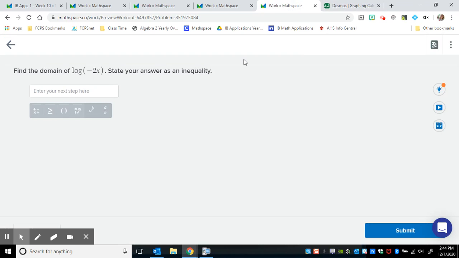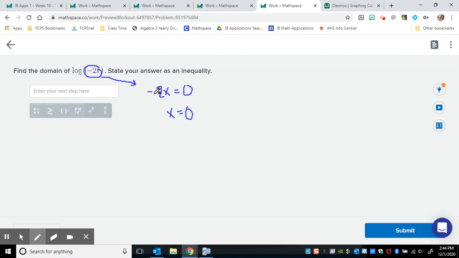Again, I could do this without Desmos or my calculator at all and just say, first, what is my vertical asymptote by setting what's in parentheses equal to 0 and solving for x.